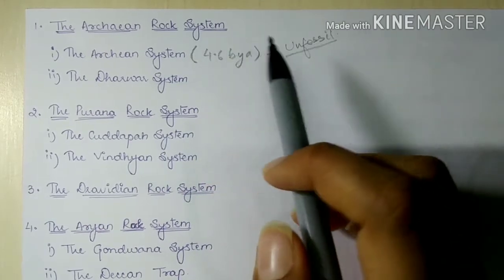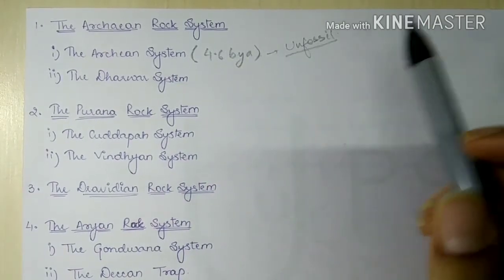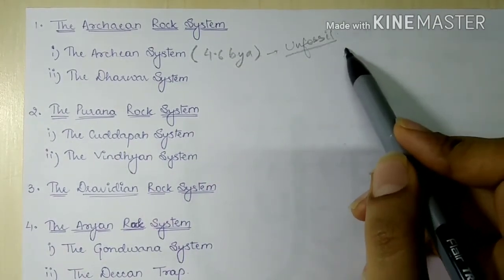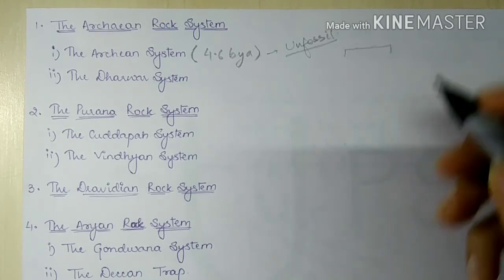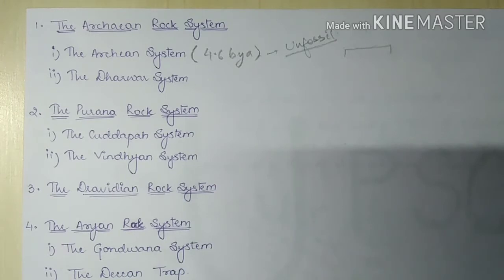Because of heavy erosion they have faced, they have lost their originality. Now they form the core of all the great folded mountains in the world, and the Archean system covers about two-thirds of the peninsular region of India.